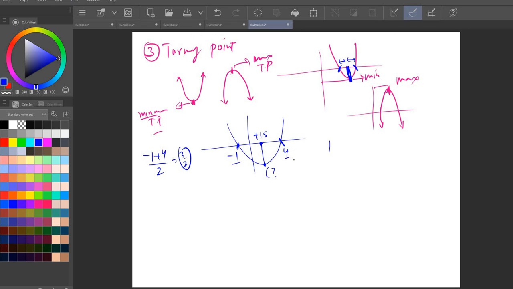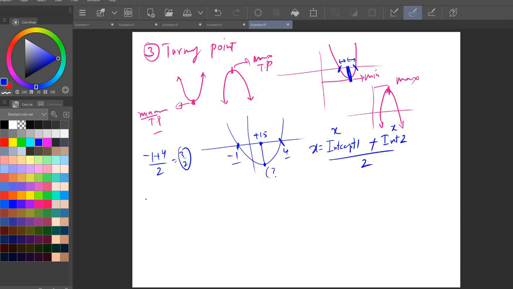So the x value of your turning point is your intercept 1 plus your intercept 2, divided by 2. And these are x-intercepts. It can't be the y-intercept because there's only one y-intercept. Right?